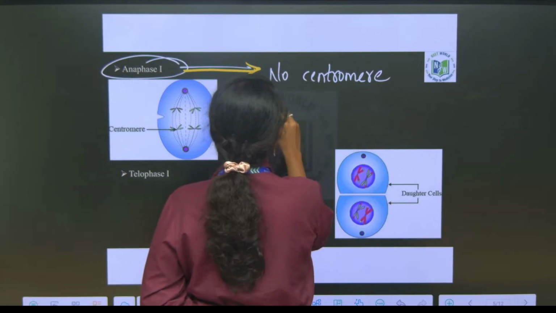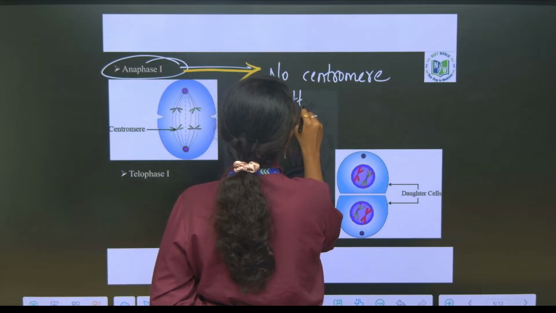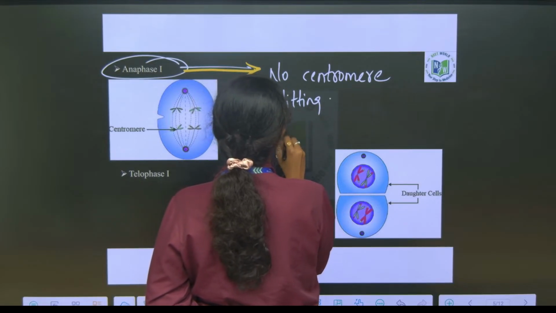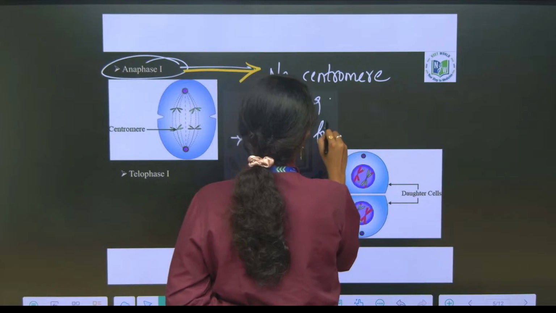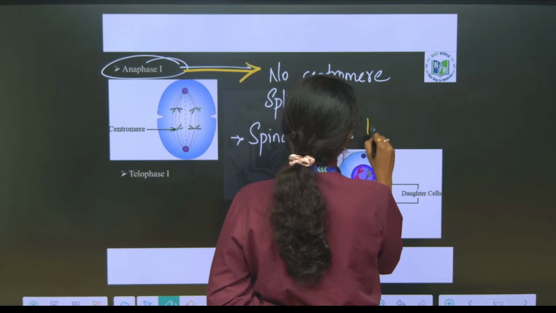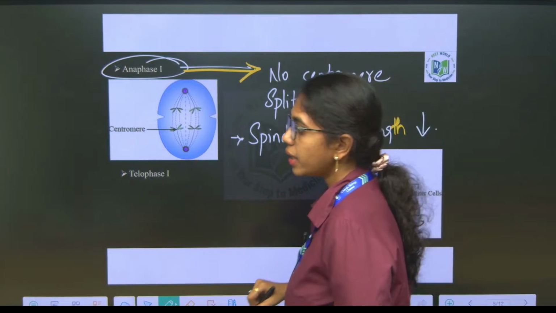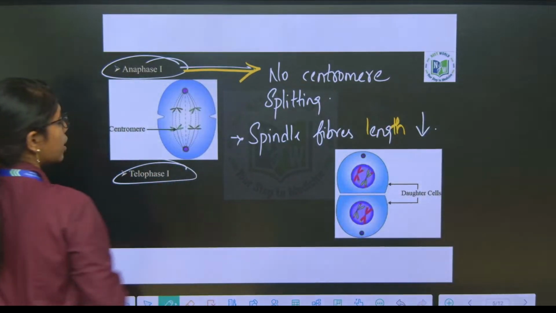No centromere splitting. Spindle fiber length decreases. Clear, right?